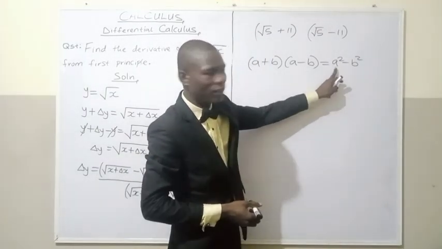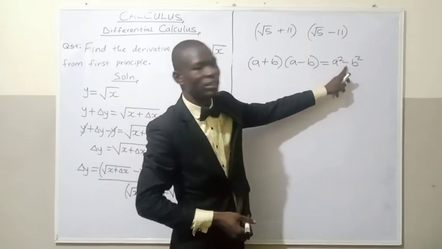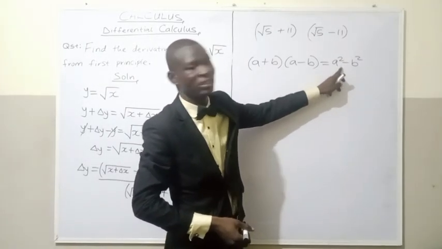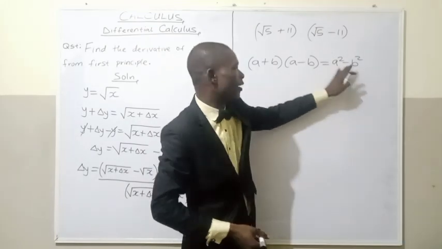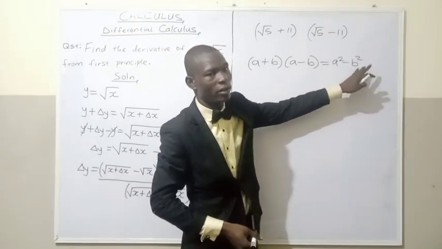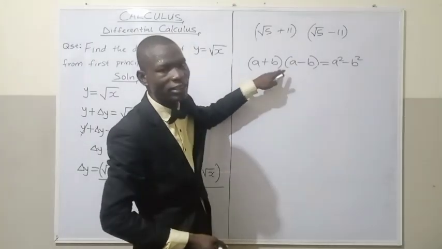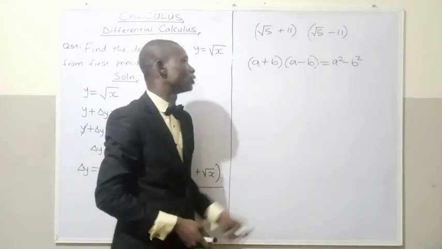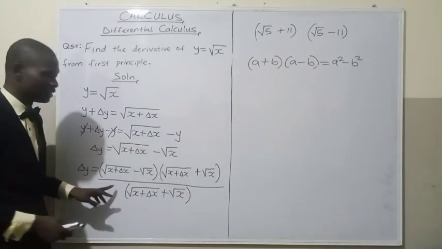This is one square, this is another square, and in between them is a minus sign. So that minus sign, the result it gives to us is the difference of these two squares. And when you are going to simplify difference of two squares, we are going to put them in brackets. This is what it gives to you in bracket form. Alright, so we are going to be applying that idea in this also.